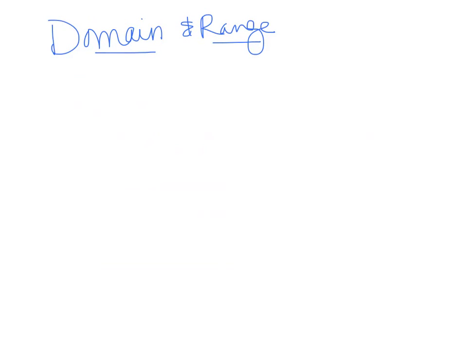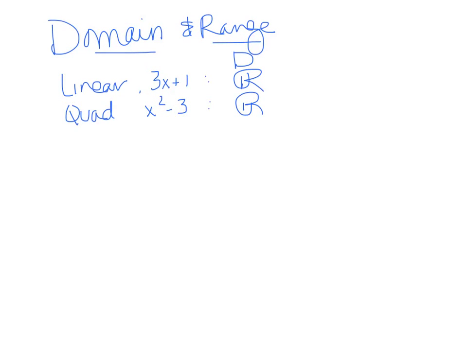When we were talking about linear or quadratic functions, let me give an example, 3x plus 1, maybe x squared minus 3, we always said the domain was all real numbers.